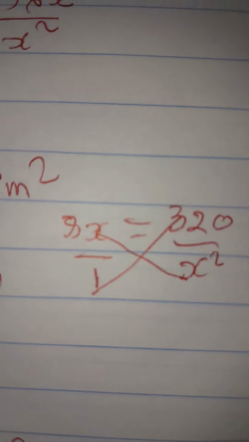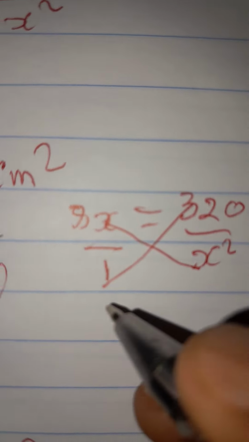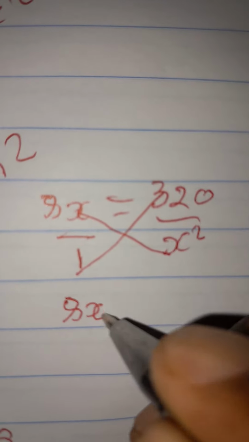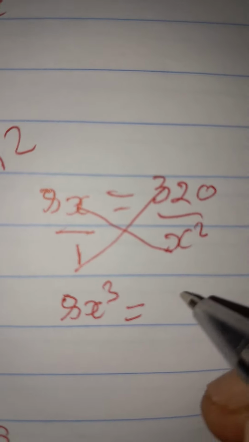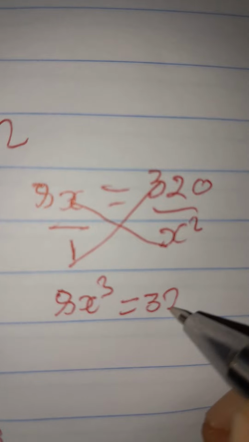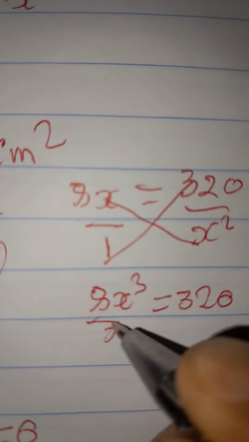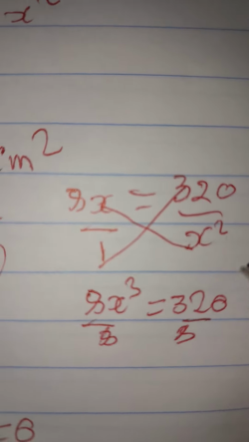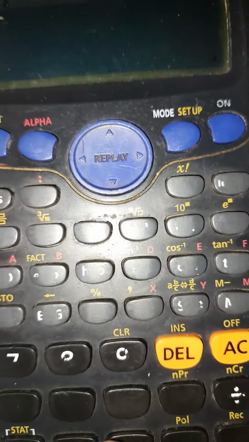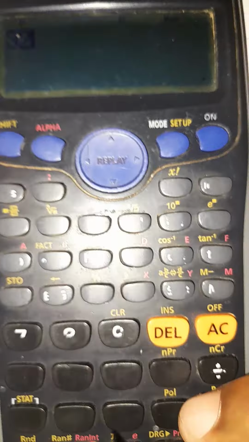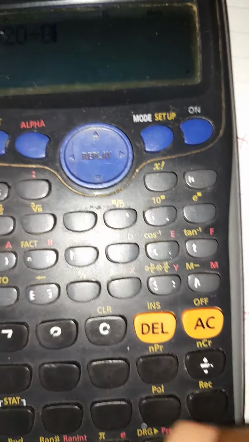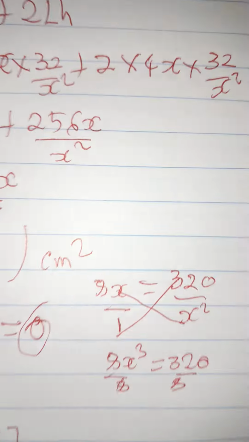We cross multiply 8x times x squared, it will be 8x cubed. Then 320 times 1, it will be 320. Then divide both sides by 8. 320 divided by 8, that will be 40.